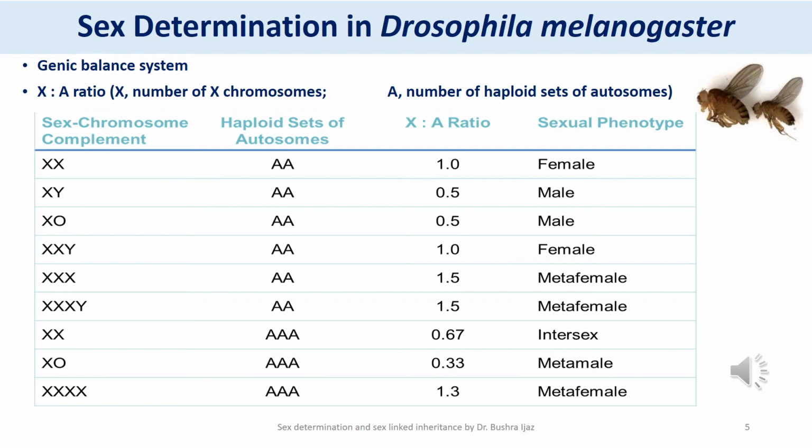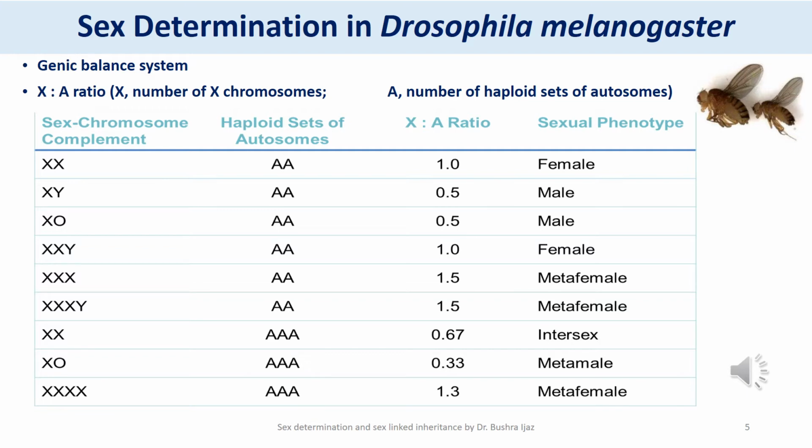The number of X chromosomes is divided by the number of haploid sets of autosomal chromosomes. So if the X to A ratio, the ratio of the X chromosome to the autosomes, is 1, it is going to produce a female fly. And if the ratio of the X chromosome to the autosomes is 0.5, it is going to produce a male.